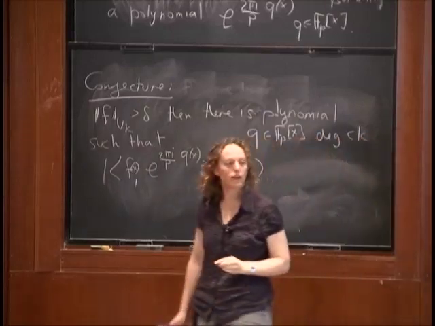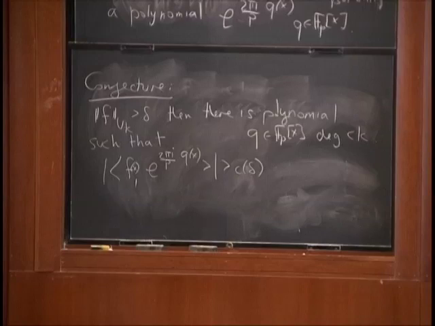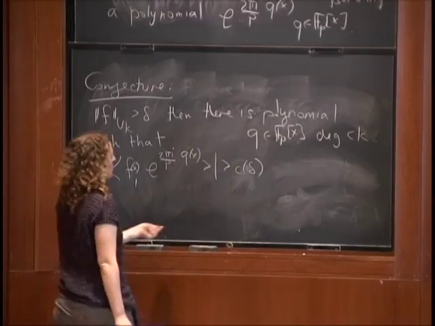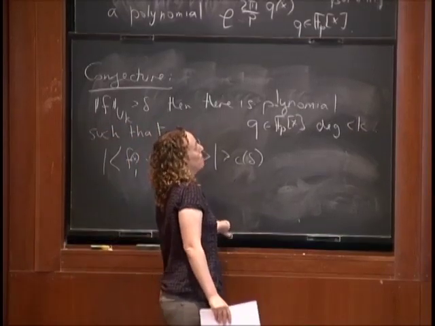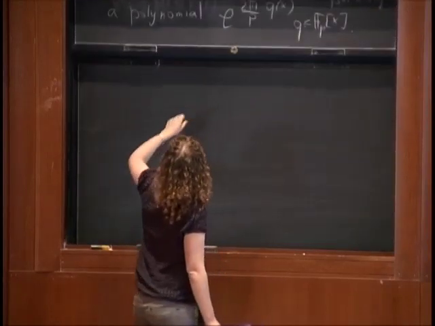Okay, so this is the natural conjecture. We know it for 1, we know it for 2, we know it for 3. So obviously 1, 2, 3, infinity. But the surprise is that it turns out to be false.